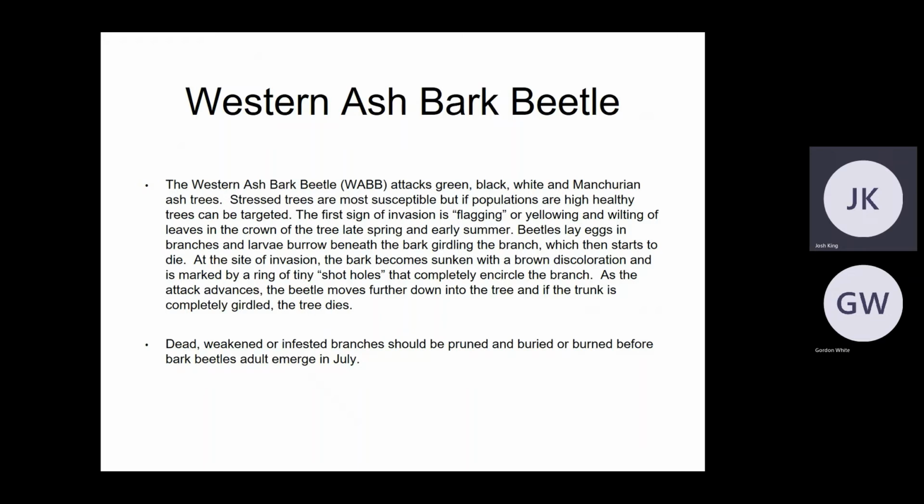I'm not seeing Western ash bark beetle attacking it. Like every dead branch I go look at, I'm looking for those shot holes in that ring, and I'm not seeing them. So it just might be resistant. And at the veterans' cemetery, we planted quite a few white ash there, and there's some deadwood in there, and sometimes it's just transplant shock and stuff like that.